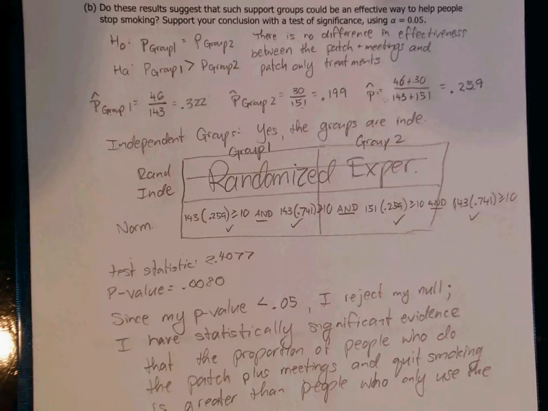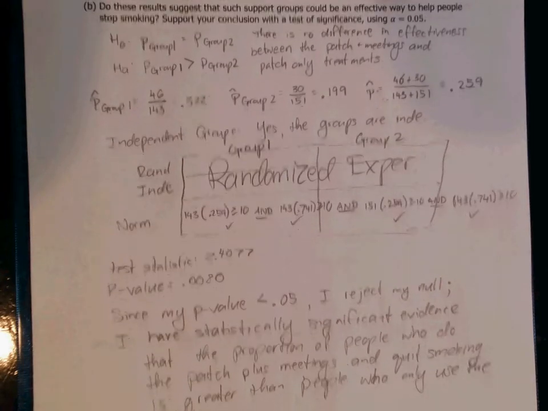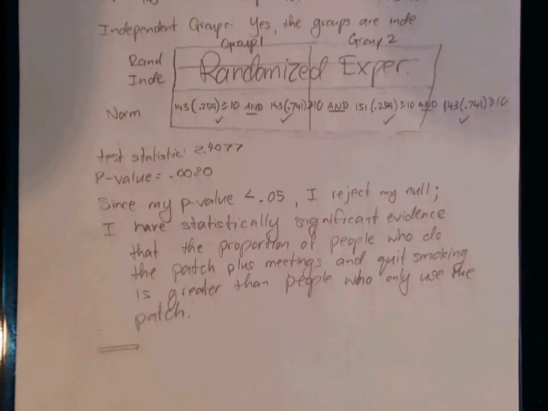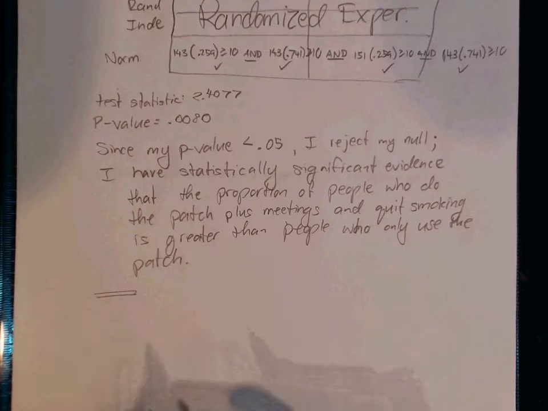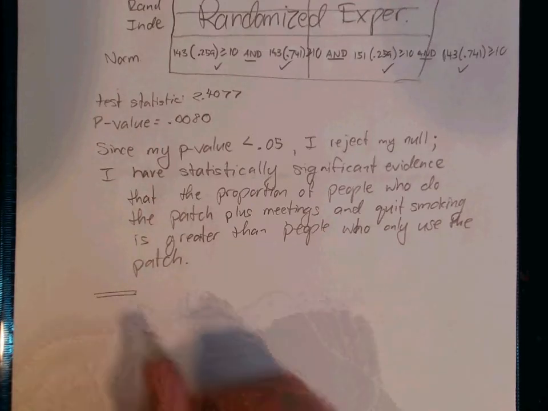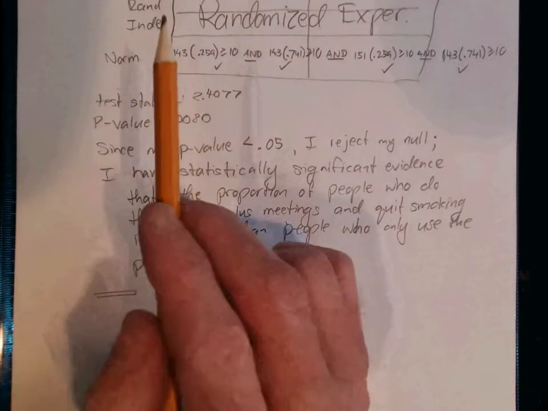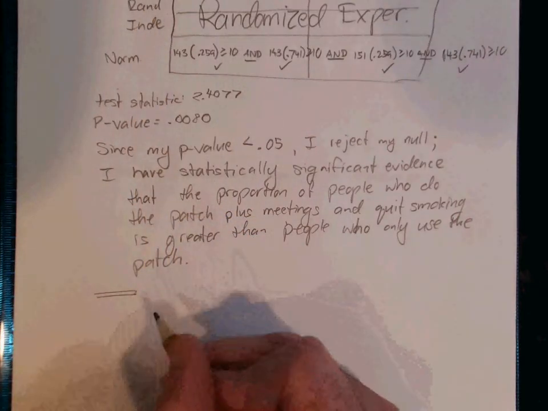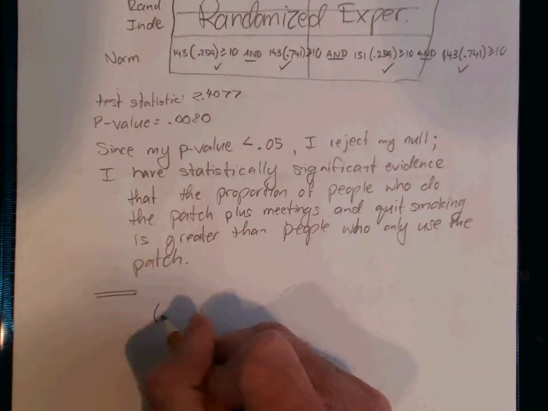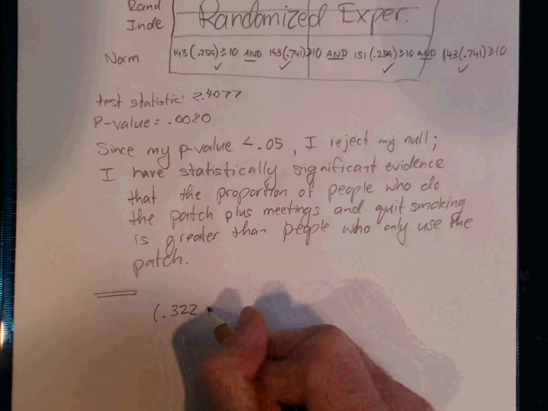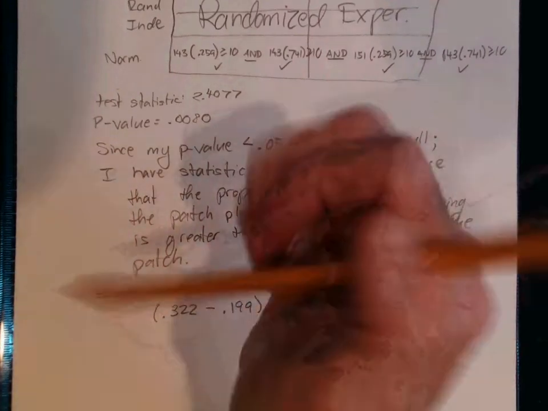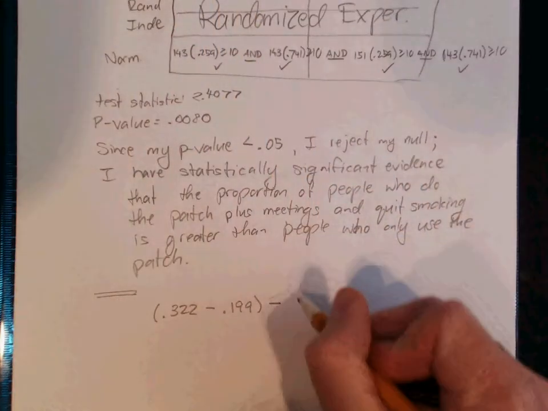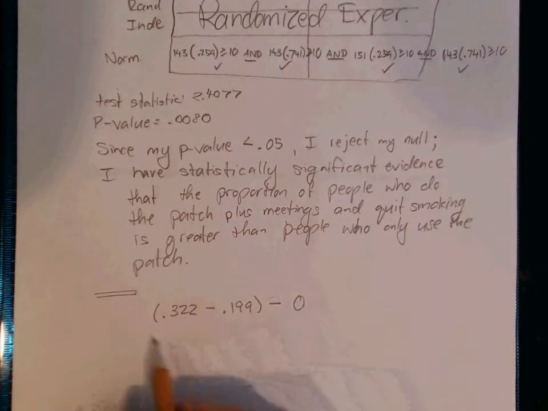So I did mention I'd show the test statistic, and if you want to see it calculated, let me show the calculation of the test statistic really quick. It's always going to be the difference in the two proportions. So this is going to be 0.322 minus 0.199 minus the actual difference claimed by the null, in this case 0. You usually won't see that.